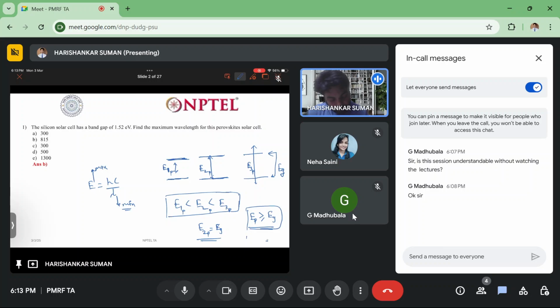Only then does the material absorb the light. Okay, only this condition.